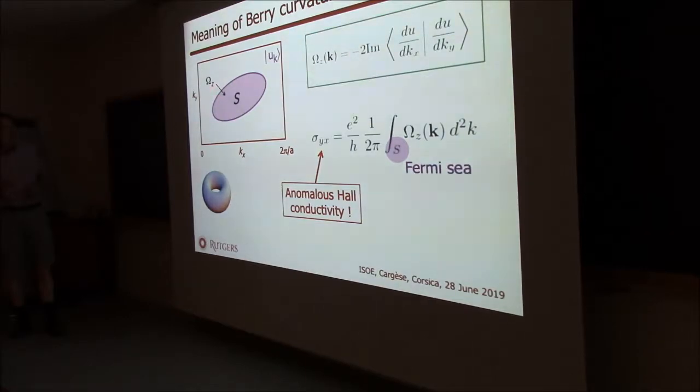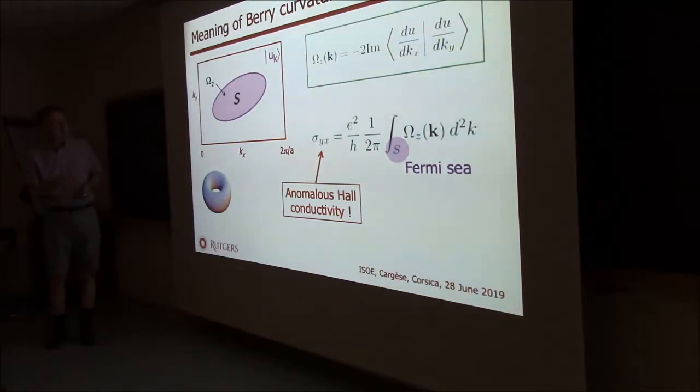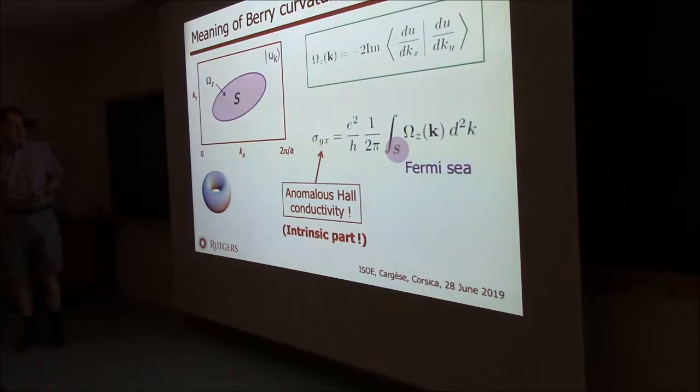There's a Berry curvature, which I call sigma z because it's the xy component. I probably should have just dropped the z because I really only have 2 dimensions. But anyway, there's a Berry curvature on this region that I can define. And if I integrate the Berry curvature over the occupied Fermi sea and divide by 2 pi and multiply by e squared over h, amazingly, that thing is the anomalous Hall conductivity, or more precisely, it's the intrinsic part of the anomalous Hall conductivity.